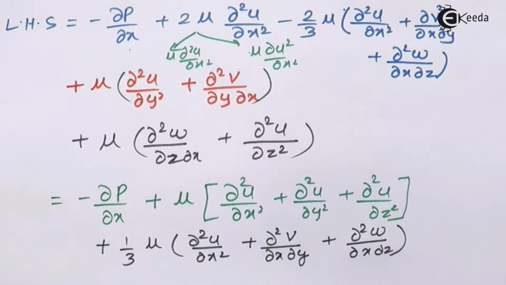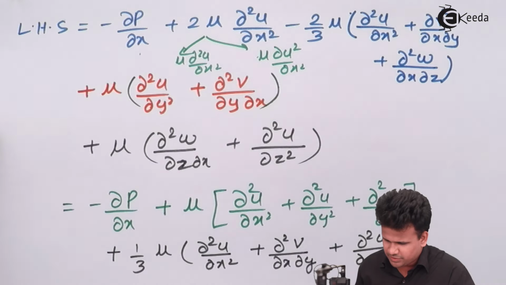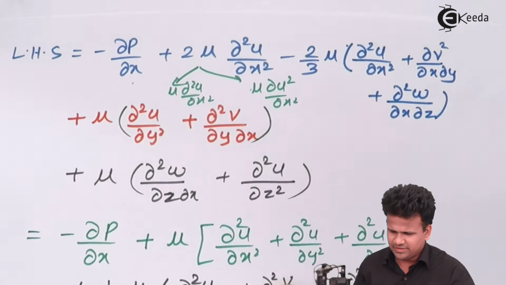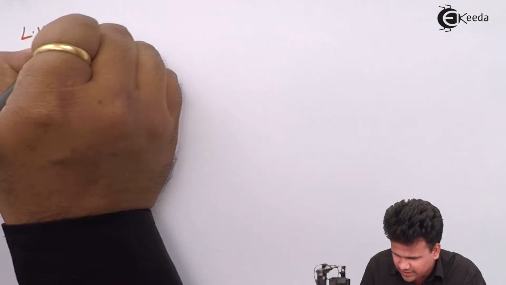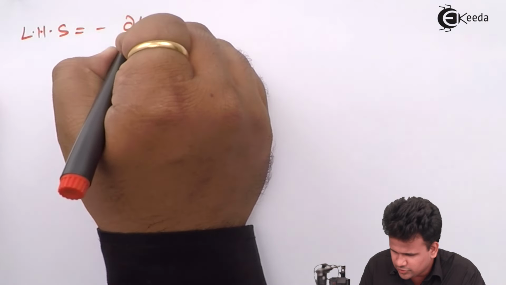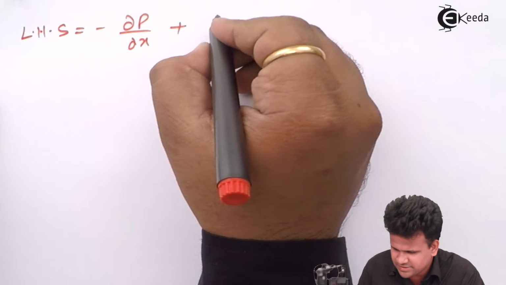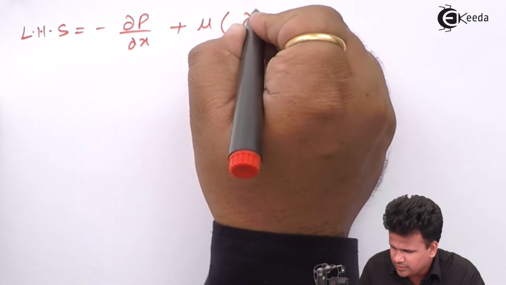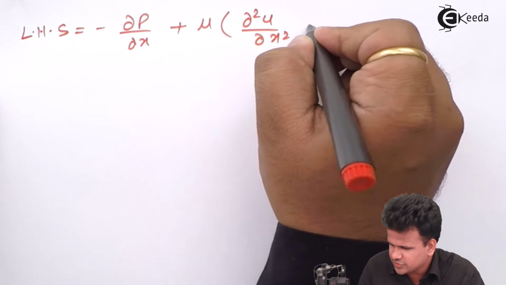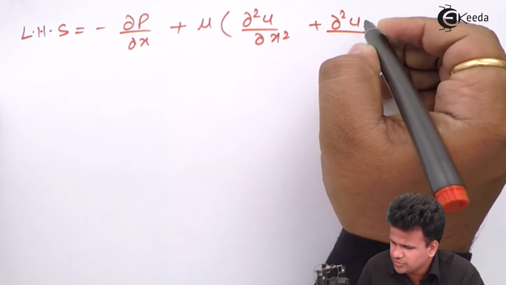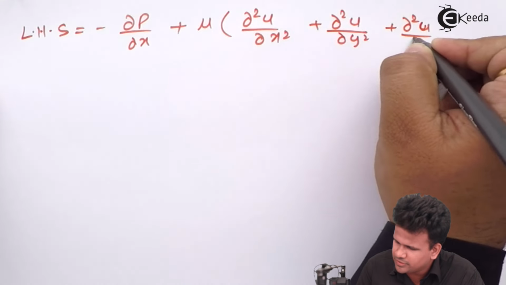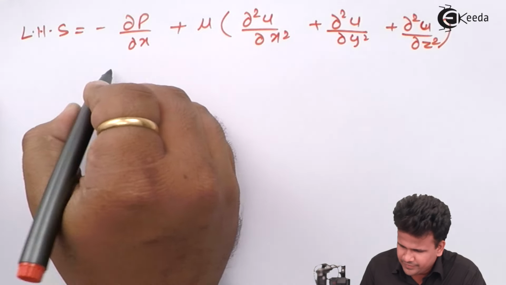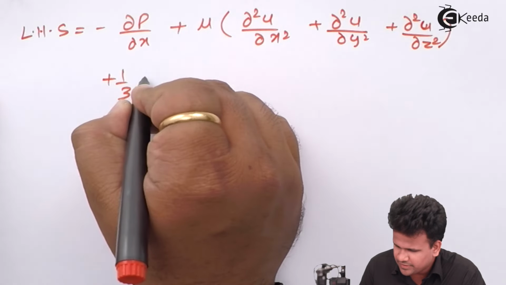So now let us further evaluate this part. So we have got this equation. Now let us just simplify this all over again. So this left hand side becomes over here minus dou p by dou x plus mu into dou square u upon dou x square plus dou square u upon dou y square plus dou square u upon dou z square, and plus 1 upon 3 mu.